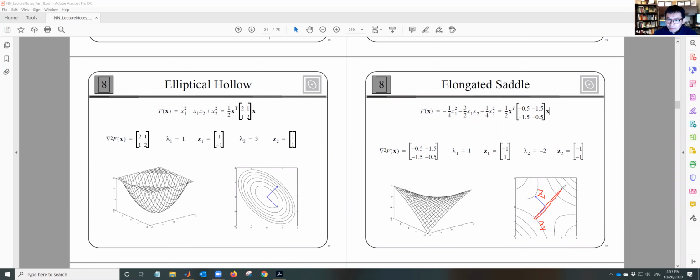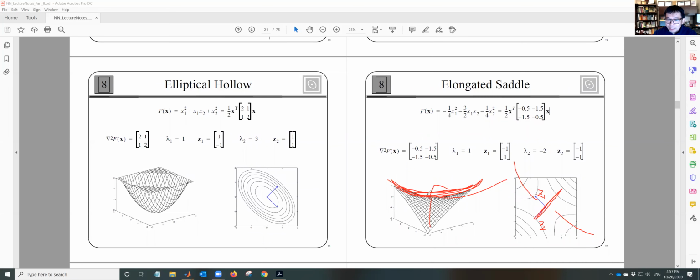Devon, if you are going along this direction, are you falling down or going up? You're falling down. Yeah, you are going this way, right? And if you're going in this direction, you are going up. But if you look, going up in this direction is pretty flat, right?